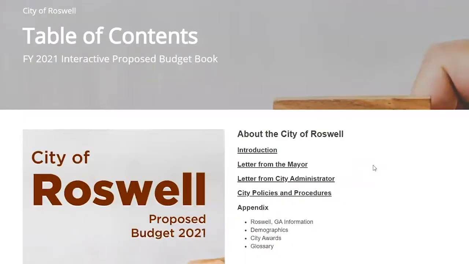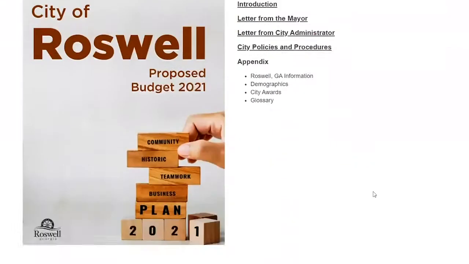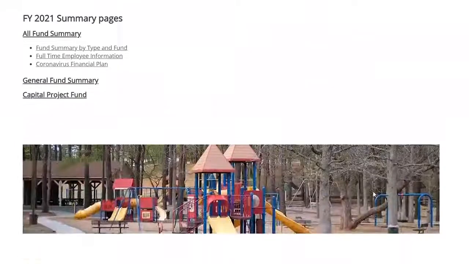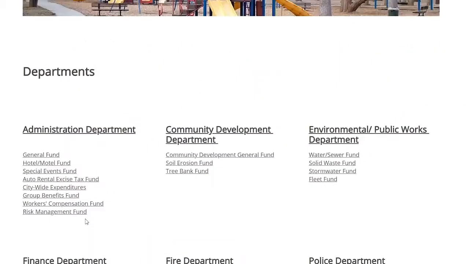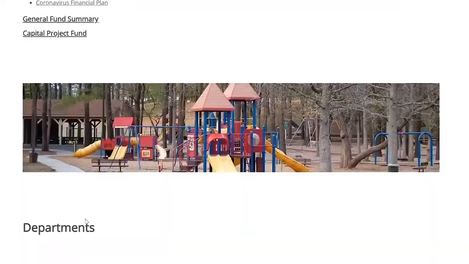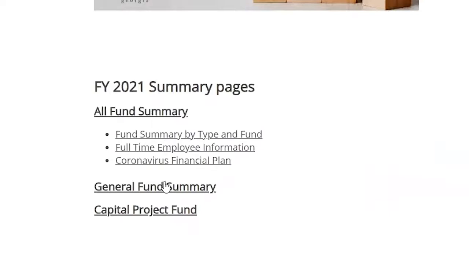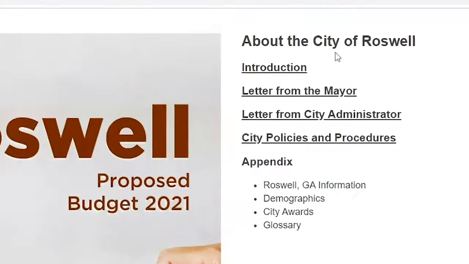I am really proud of our table of contents. I feel like it's very easy to maneuver through. We did show each of the different departments, and each fund of that department has a piece of it, and was able to show our summary pages above, and then some of the information about the city of Roswell at the top of the page.